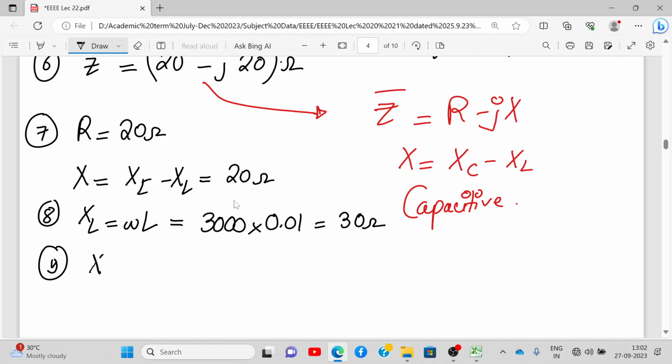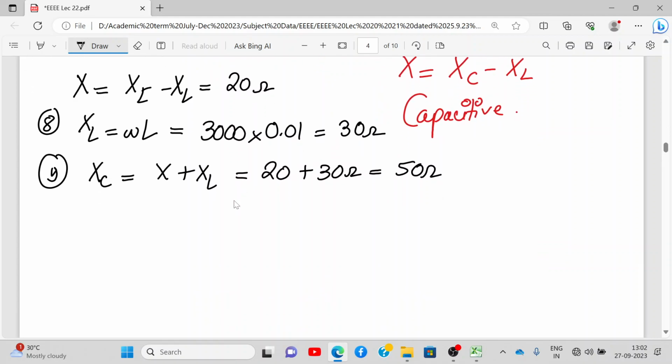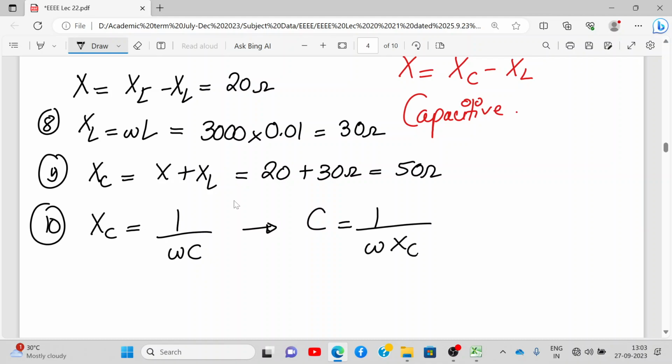Now can you calculate XC? XC will be X plus XL. That will be 20 plus 30, that will be 50 ohms. Once we know the value of XC, can you find C? Yes. How? XC will be 1 upon omega C. So C will be 1 upon omega XC.